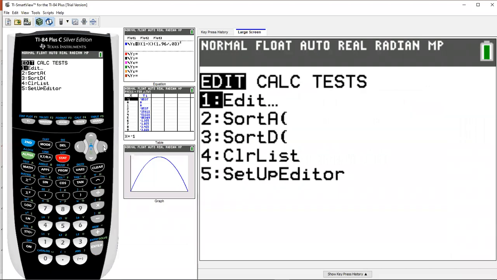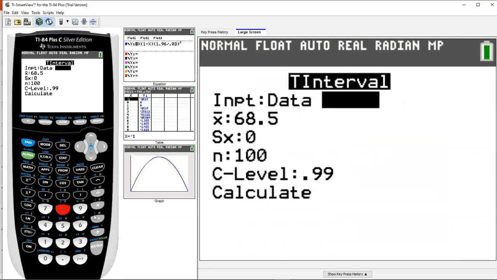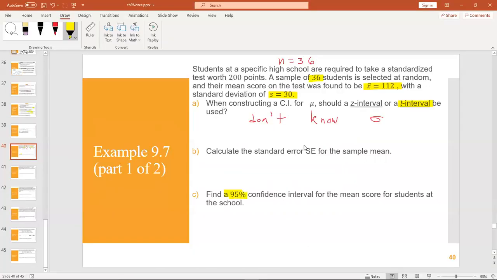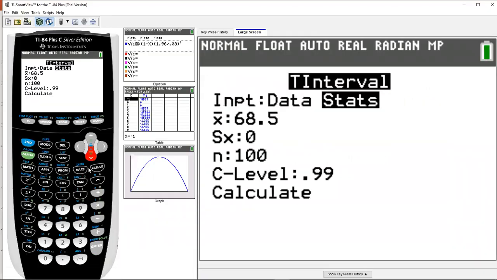We're going to go to stat, go over to tests. T interval is option 8, so we're going to pick 8. We're going to get the data from stats. We're just going to tell them directly what the values are. S is 30.